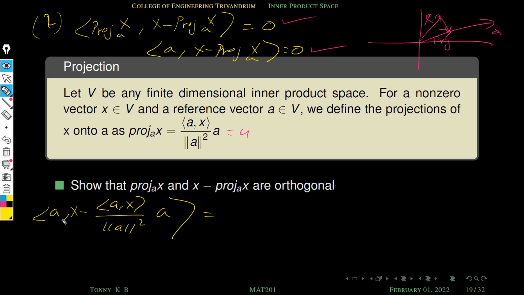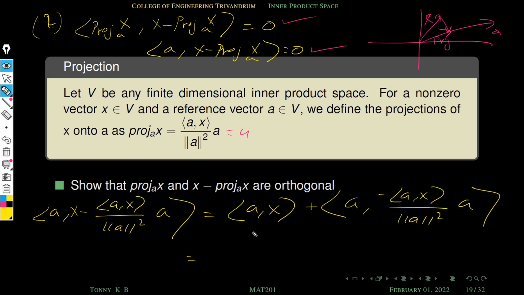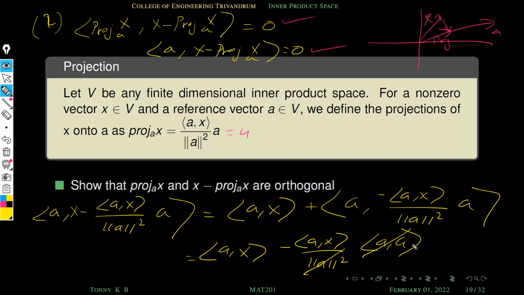Next we consider this side. This becomes the inner product of a comma x minus, instead of the projection, the inner product of a and x by norm a square into a. Next we expand this inner product using the distributive property. This quantity is a scalar, so you can take it outside. So this becomes the inner product of a and x, minus the inner product of a and x by norm a square into the inner product of a and a. We know that the inner product of a with itself is the same as norm a square, so you can cancel it.